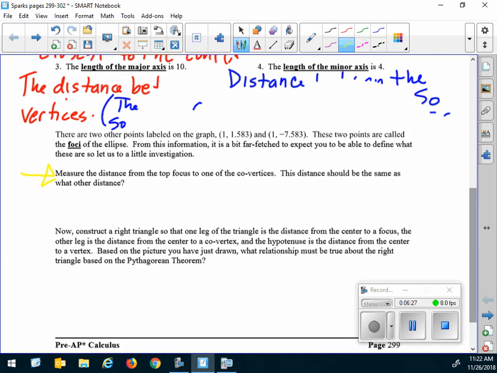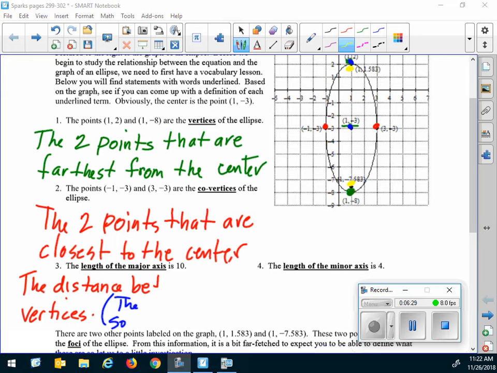I'm going to pause. You are measuring the distance as best you can from that point to one of the co-vertices, either one of those. Measure it to the nearest millimeter if you can, but I don't care if you measure in inches or millimeters.